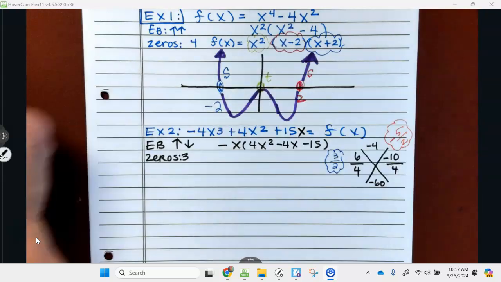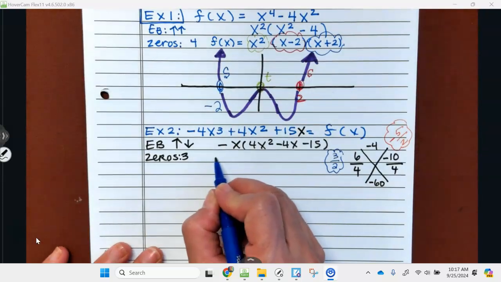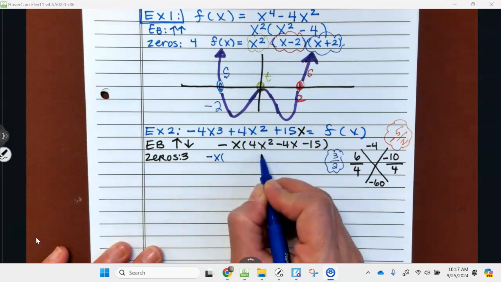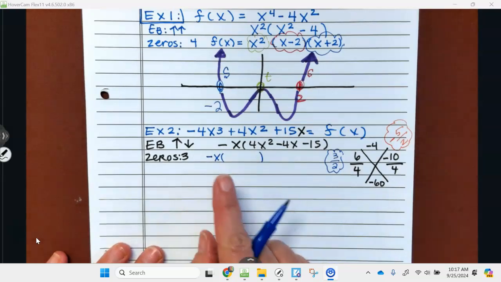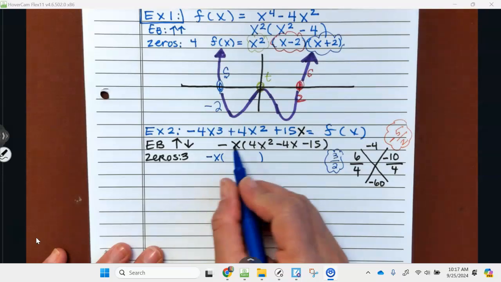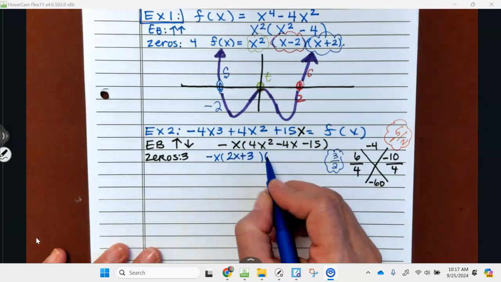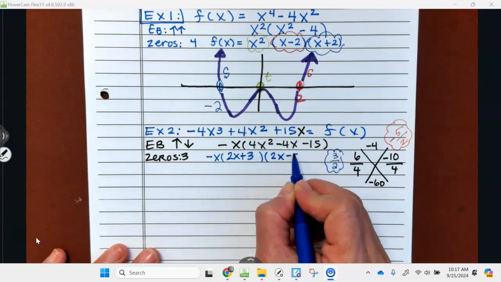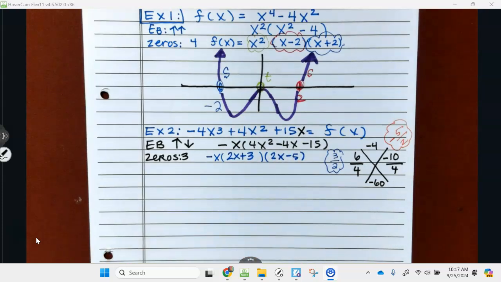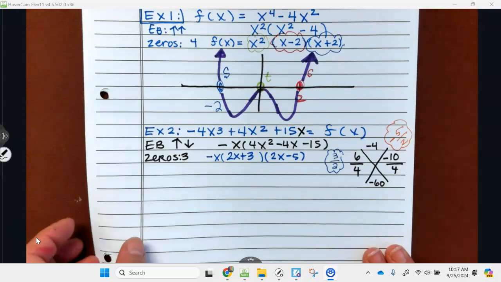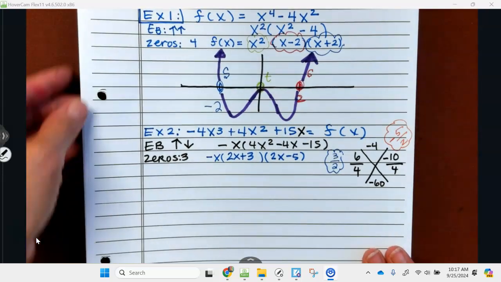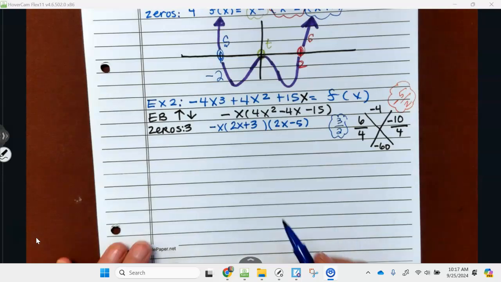Okay, so when we factor this out correctly, -x, still brought down from my GCF, just brought it to my next line, then this is going to be 2x plus 3, and then 2x minus 5. All right, let's draw a really long x-axis and graph this.